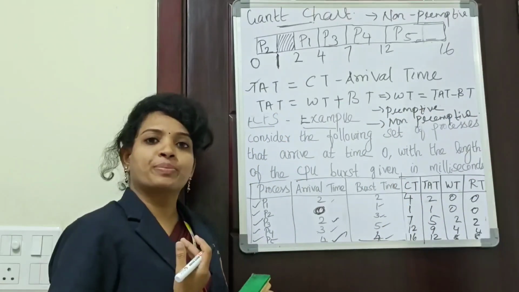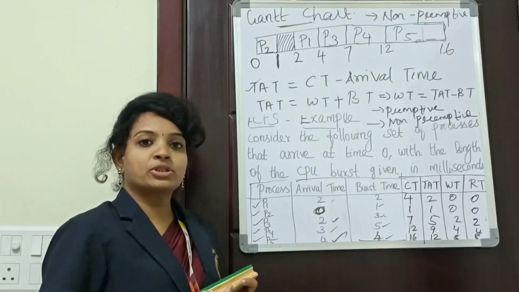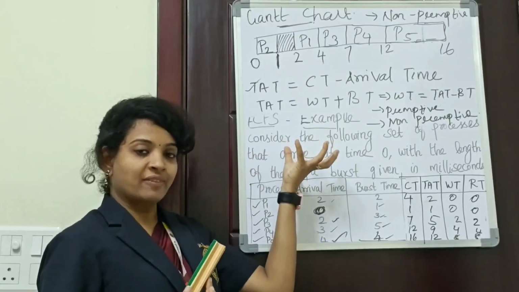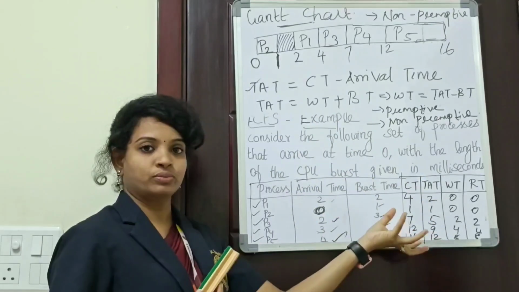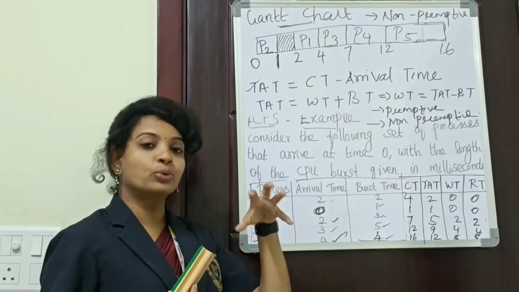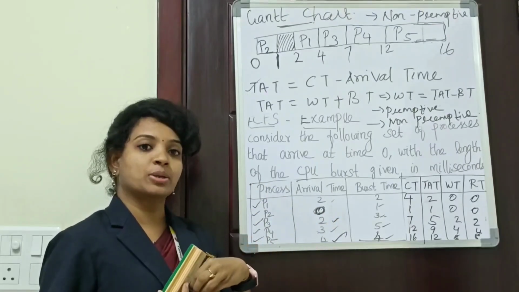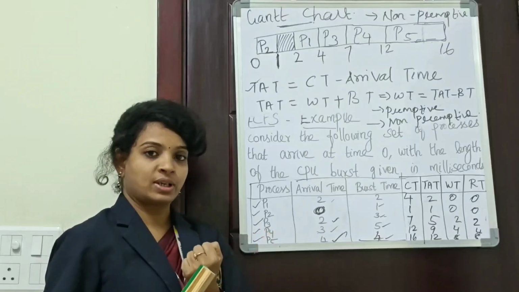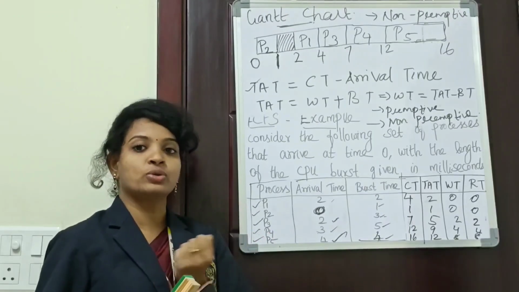What do we mean by non-preemptive scheduling? Suppose a process is assigned to the CPU. While the CPU is processing that process, the operating system cannot forcefully remove it and allocate the CPU to some other process.